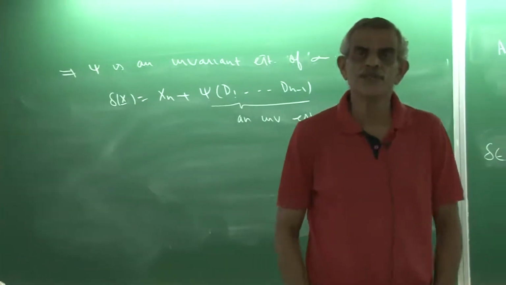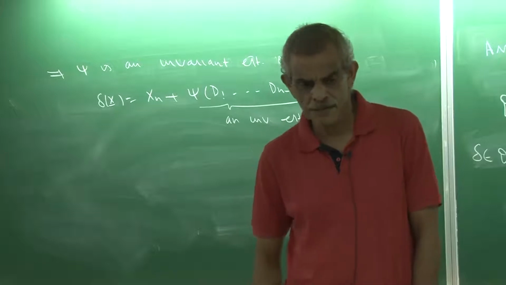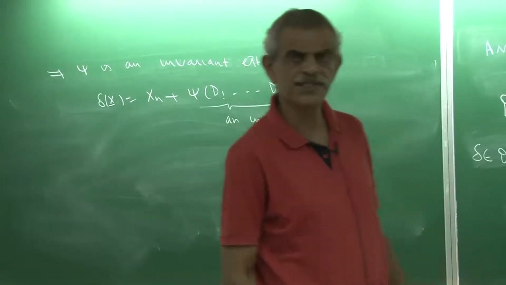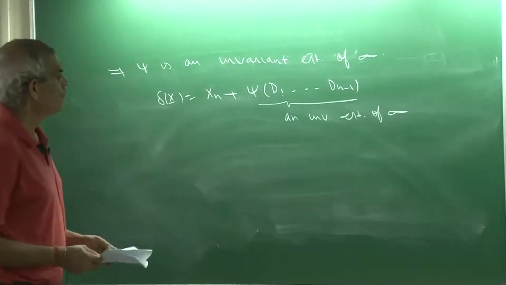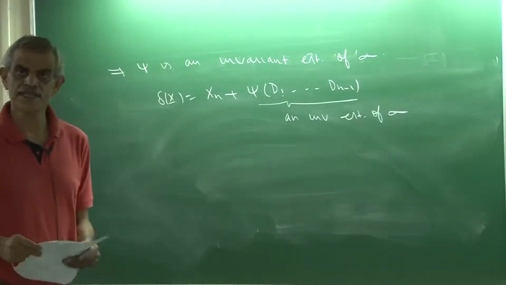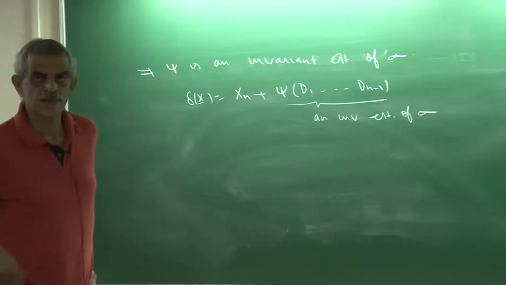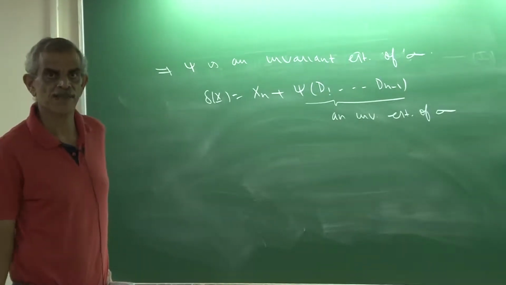But if you recall your module on estimation of sigma, any estimator of sigma can be written in terms of any given estimator, divided by u star w.